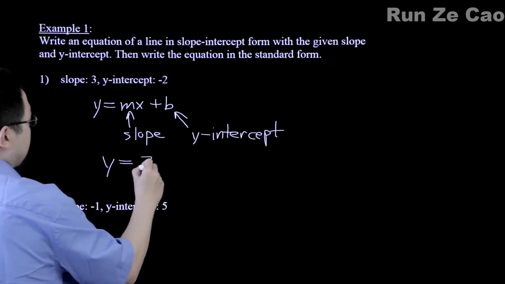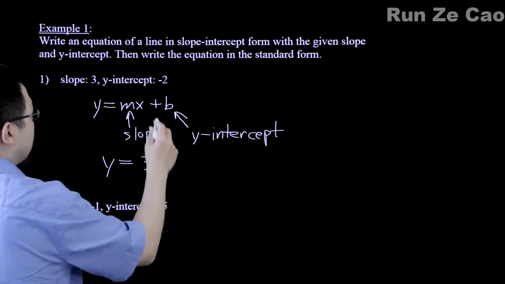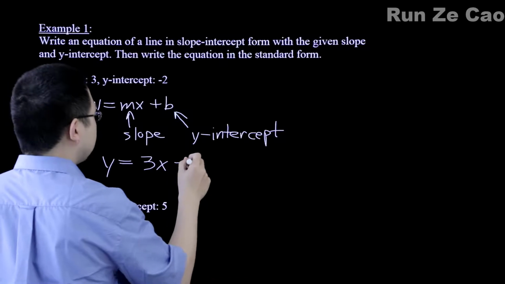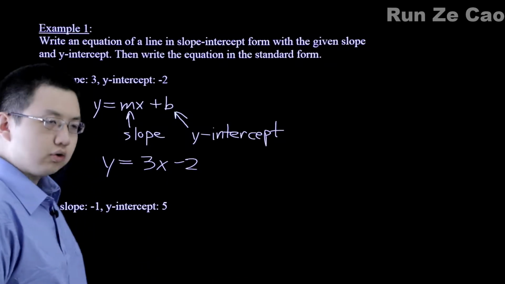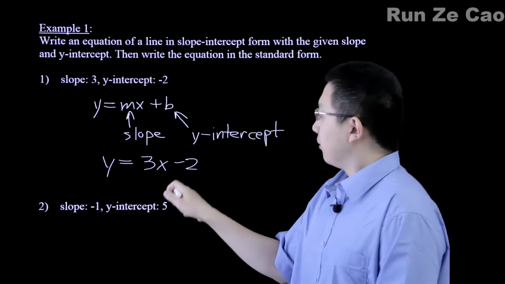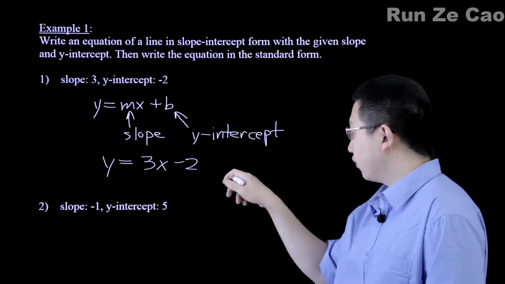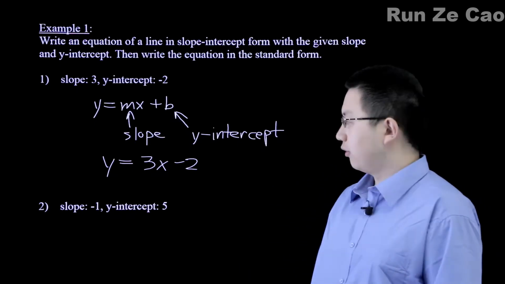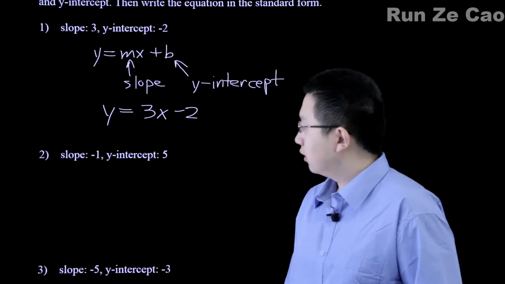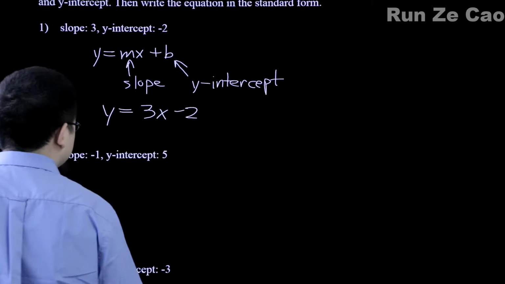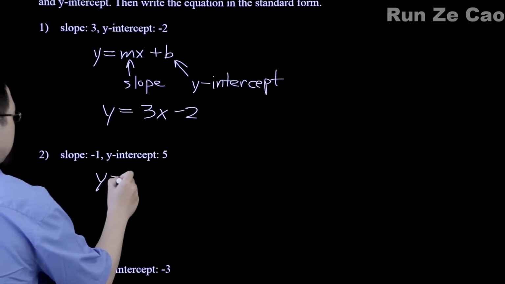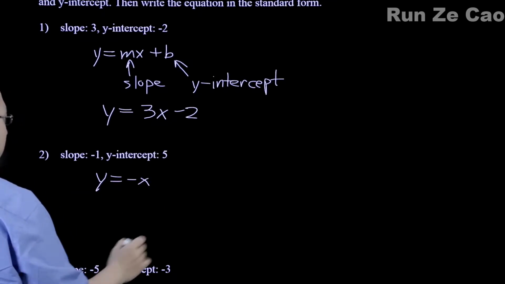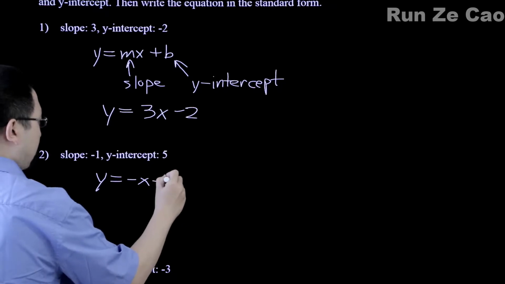Slope, 3x, and then plus negative 2. So we just put minus 2. You could choose to put plus bracket negative 2 and then simplify to this, but most people don't bother for hopefully obvious reasons. And then slope negative 1, y-intercept 5: y equals negative 1, we omit the 1, negative x plus 5.